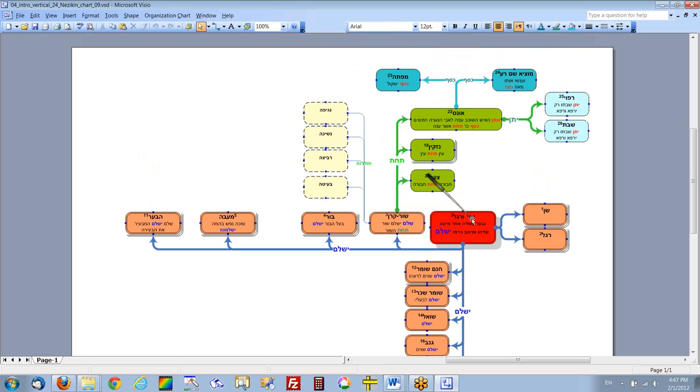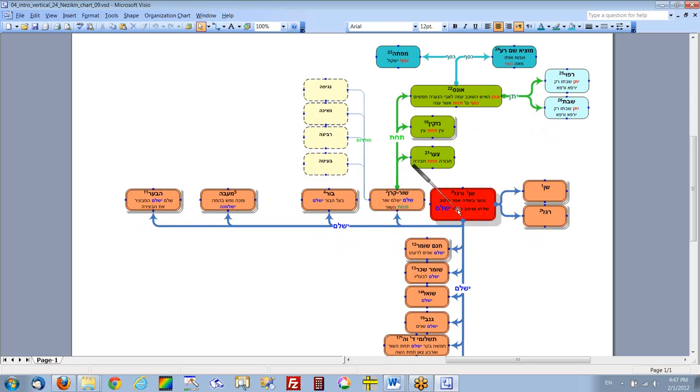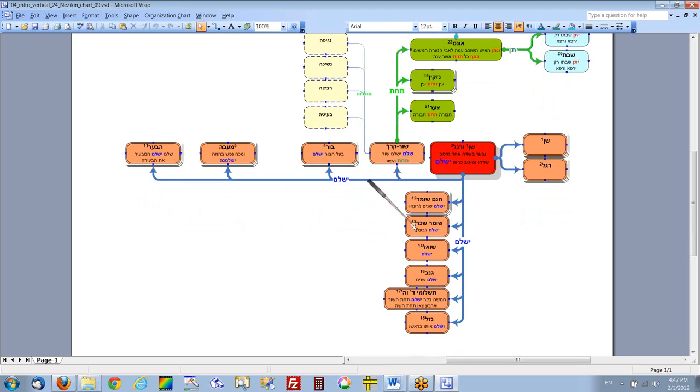So, thanks to you, I was able to do the Visio chart and to show how that din, which starts in Shein Regel, spreads to Keren, Bor, Mav'eh, fire, and down to the 4 Shomrim. Actually, there's 3 here.